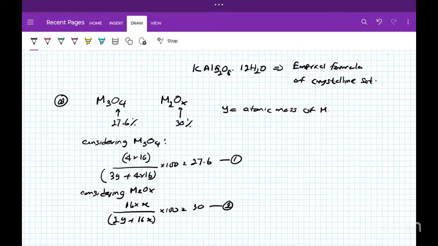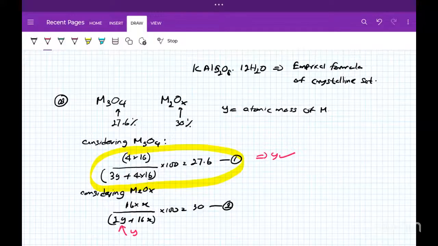Actually, from the first one, you can calculate Y. You can find Y and substitute the value here, and find X. Then if X comes out as, let's say, 2.5 or something, we multiply both sides by 2, right? So we can write it as M4O5.